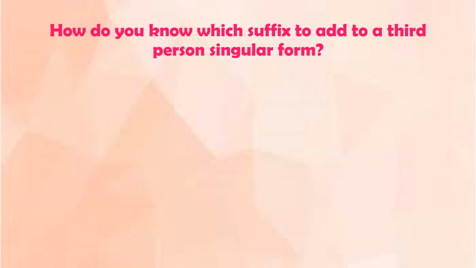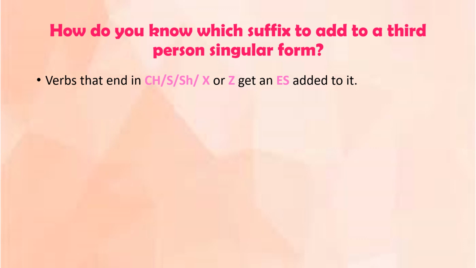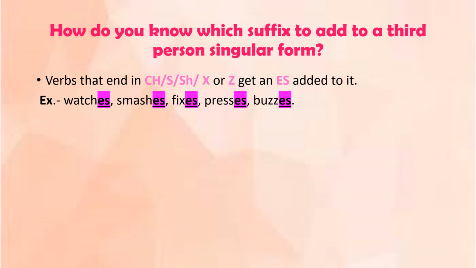How do you know which suffix to add to a third person singular form? Verbs that end in ch, s, sh, x or z get an es added to them. For example, watches, smashes, fixes, presses and buzzes.